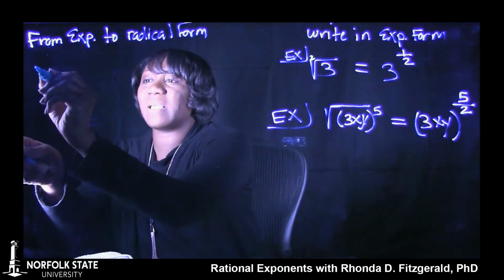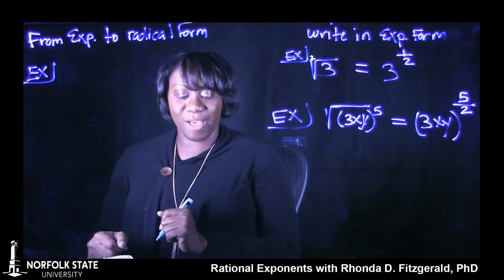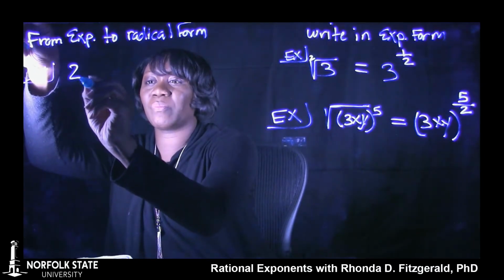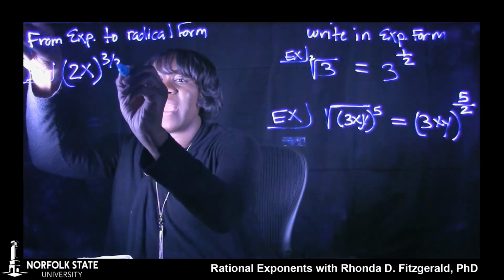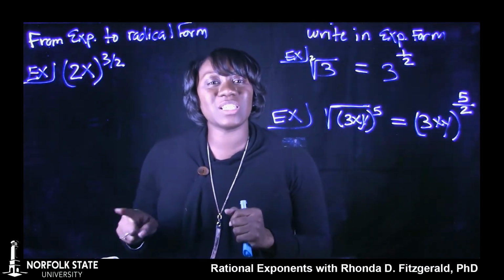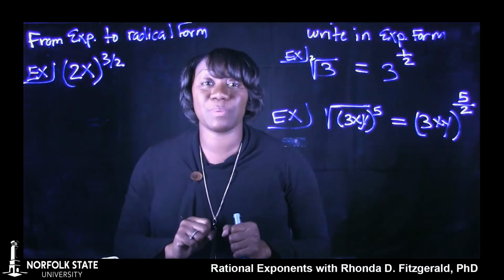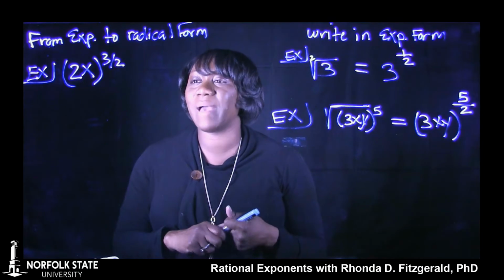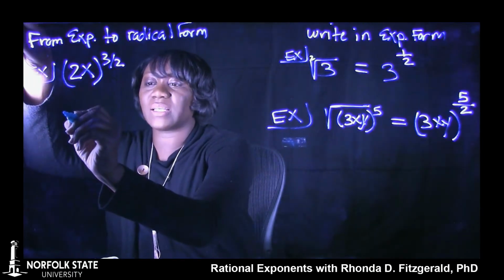The first example that we're going to look at is if I have 2x raised to the 3/2 power. In this problem, I need to go from exponential form and put this in radical form. So how do we go about that here? Once again, I know that I have 2x.